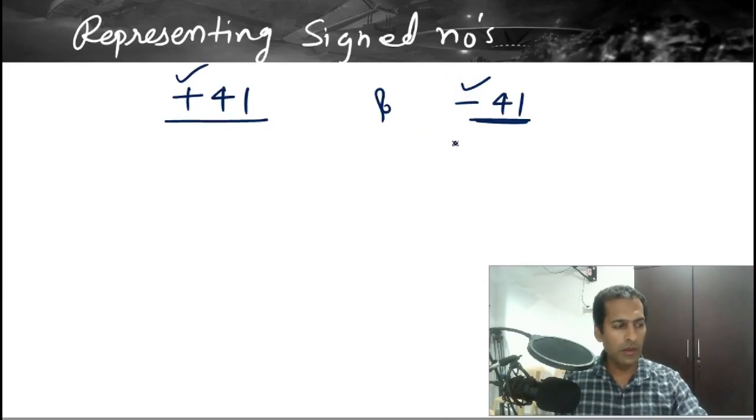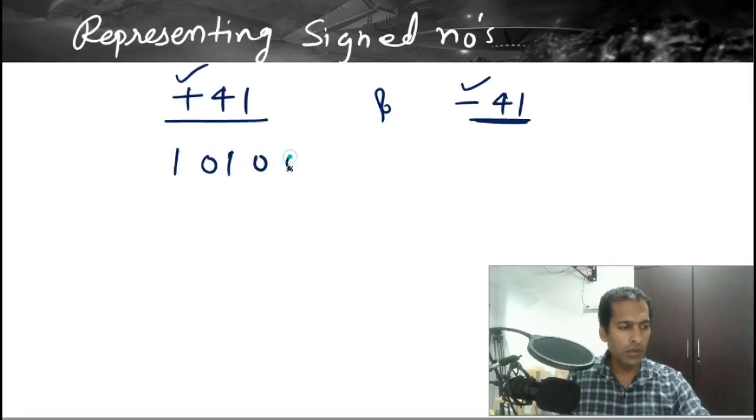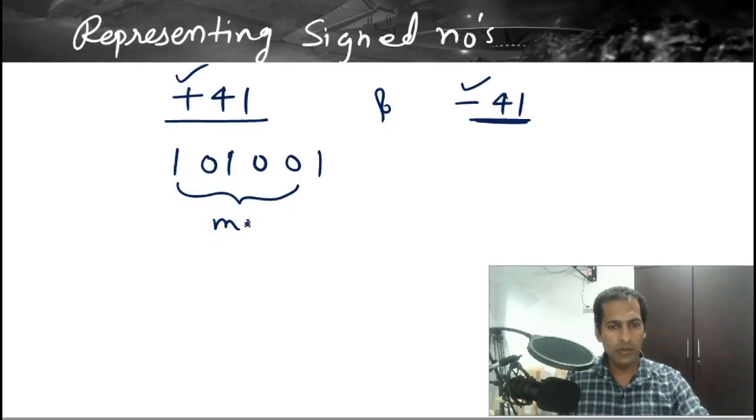First, let us write plus 41. There will be the magnitude of 41, we will write as say 1 0 1 0 0 1, for example, right? So this is the magnitude.